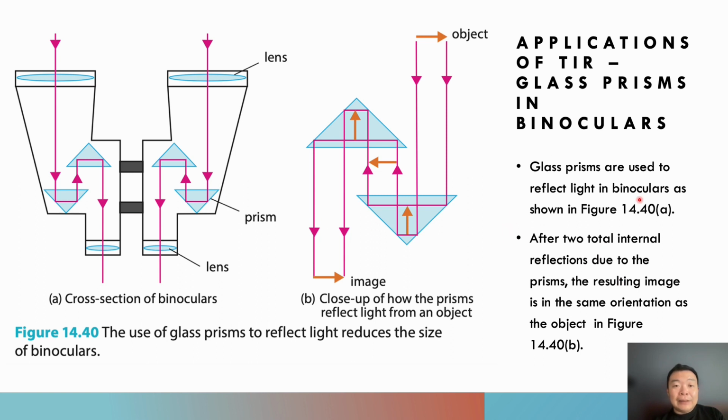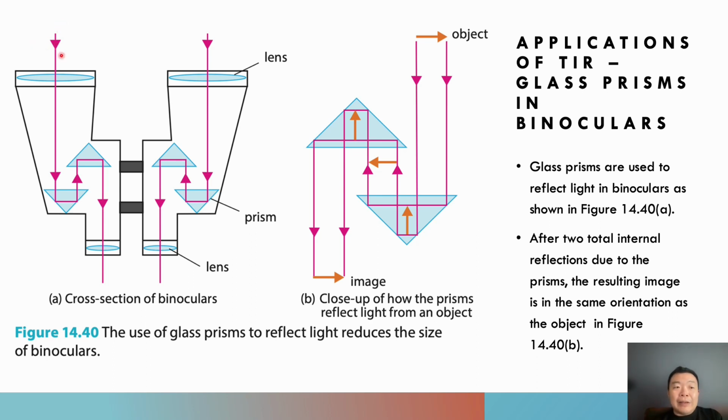So now, some other applications of total internal reflection. This slide shows glass prisms in binoculars, and as you can see here, when light enters, we want the light to be totally reflected at this point, at this point, at this point, at this point. So these 4 points, and we do this by using specially constructed glass with a very particular value of refractive index, and using geometry.